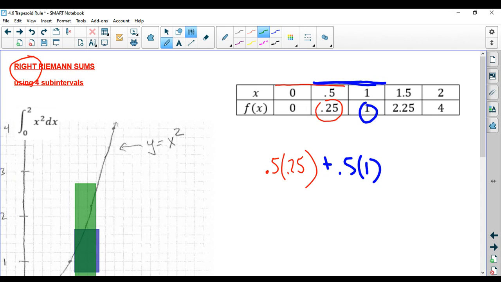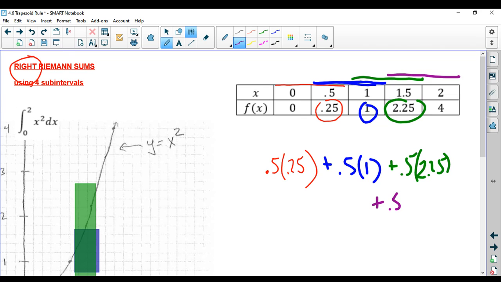The third rectangle would start at 1 and end at 1.5. So that's still 0.5. And its height on the right is 2.25. And then finally, the last rectangle starts at 1.5, ends at 2. Its length is still 0.5. But its height, based off the right, is 4.